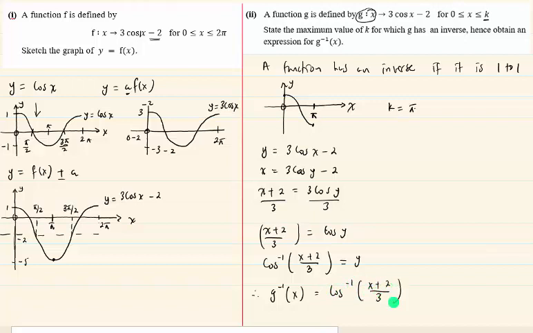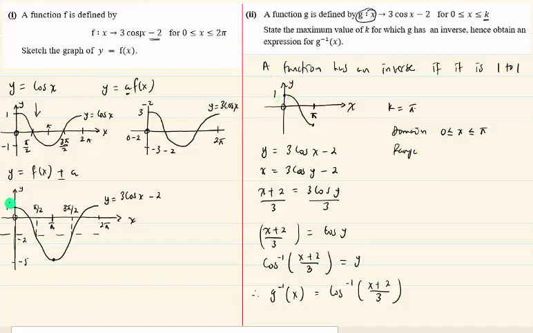In the event that the examiner, and often this does get asked, asks you for the range and domain of the inverse function. We know that the original function was starting here at 0, so the original domain was 0 is less than or equal to x, which is less than or equal to the k value which we found, and it's going to be pi, and then the range is going to be from negative 5 to positive 1.